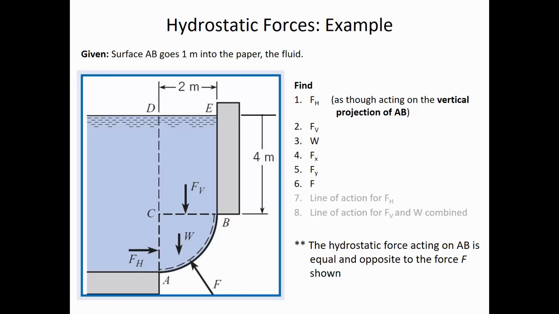The horizontal force, this F sub h, that is going to be determined by considering this curved surface as though it's projected vertically. And so what does the vertical projection of that curved surface look like?